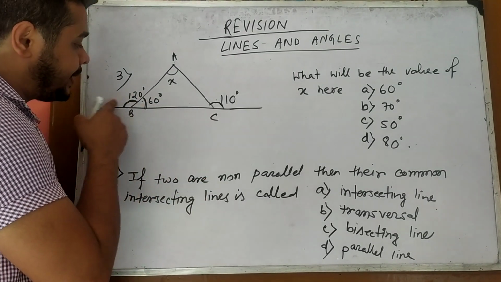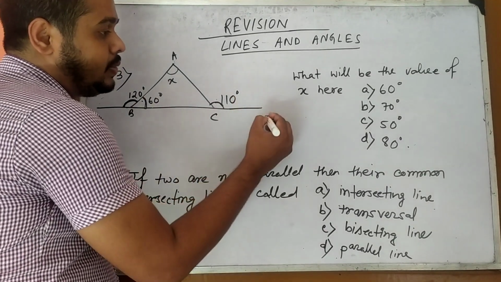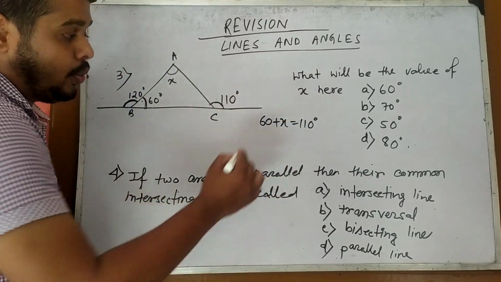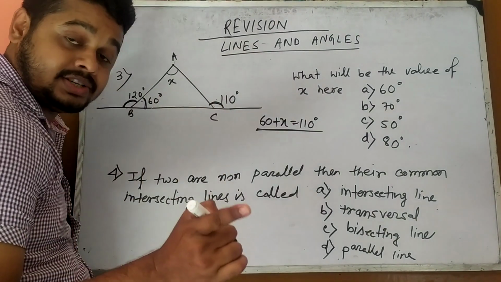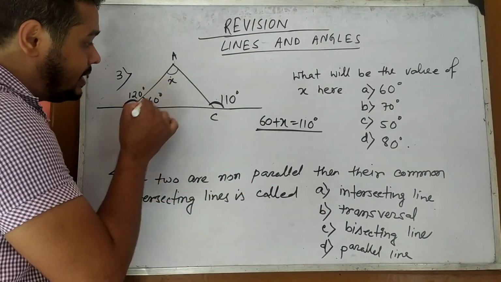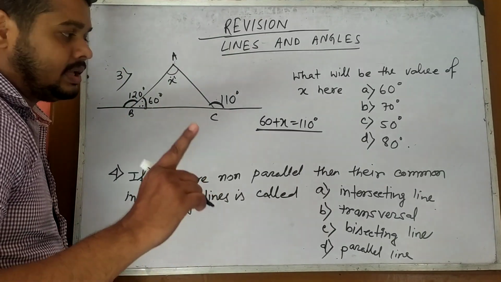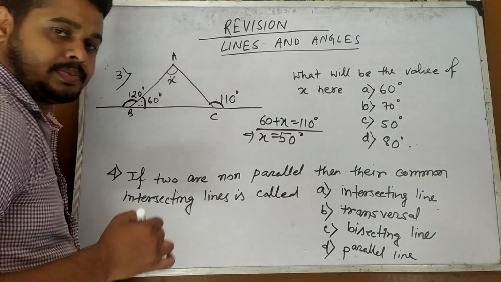Simply we can say 120 and this will be 60. Now simply we can say 60 plus x equal to 110 degrees. By which property? Because the exterior angle of a triangle is equal to the sum of the two opposite interior angles. So x equal to, simply we can say, 50 degrees.